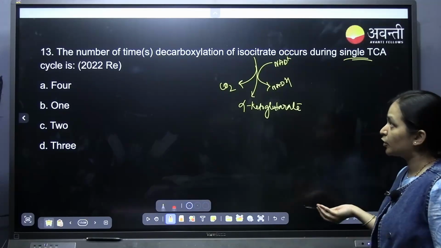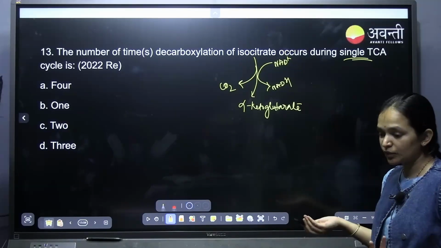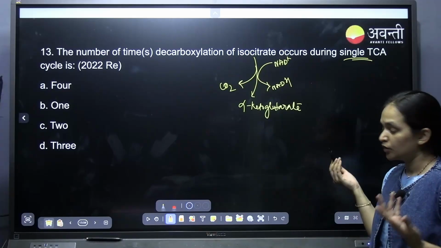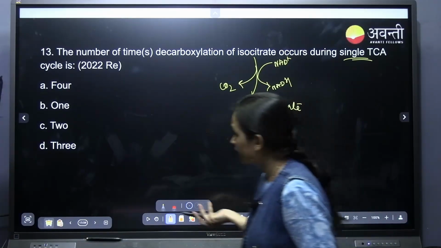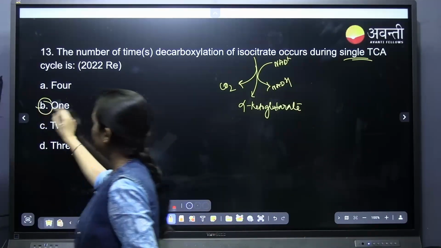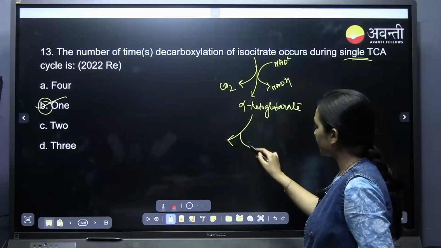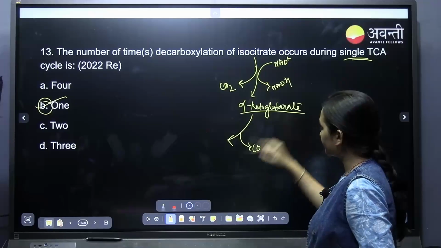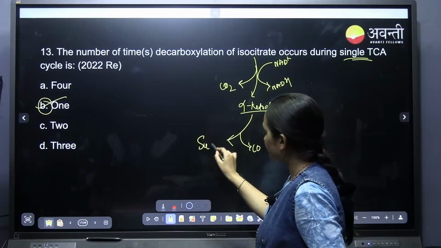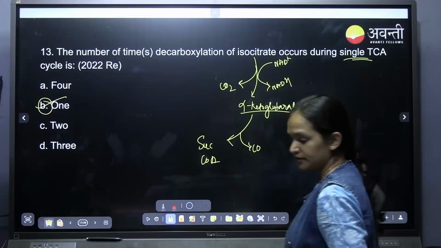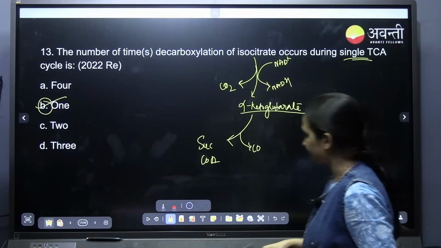So, how many times does the decarboxylation happen? In one cycle, it is 1 time. Very good. And here again another decarboxylation happens, of alpha ketoglutarate to become succinyl CoA. Understood? We got it.